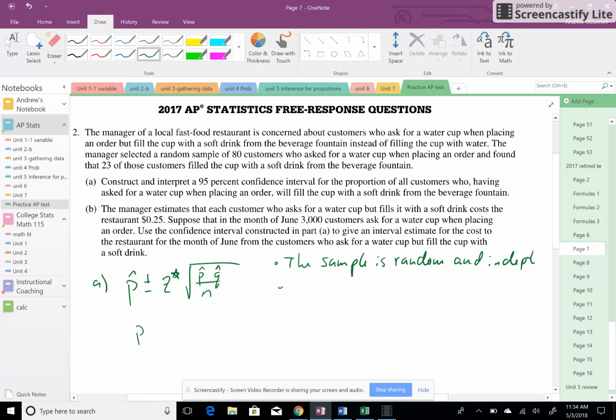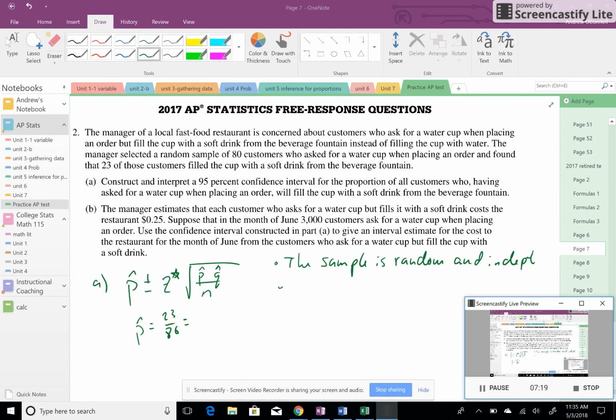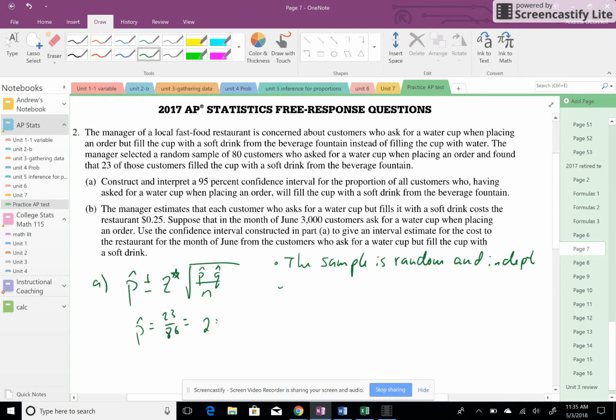Let's figure out our p hat really quick. Our p hat is 23 out of 80. That's an 80, not an 86. Off the top of my head, that should be right around 29%. So 29% of 80 is 23.